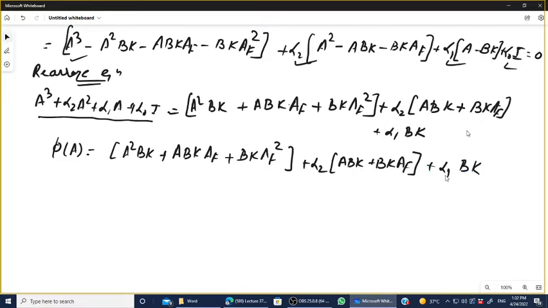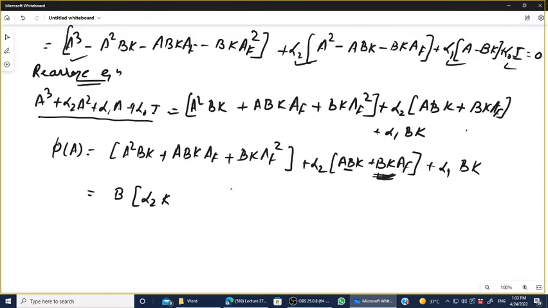So this is the term, and when you rearrange it again, you can take the common alpha 2, you can also write like this. When you take B common from this side, then it becomes alpha 2 K AF from this value.